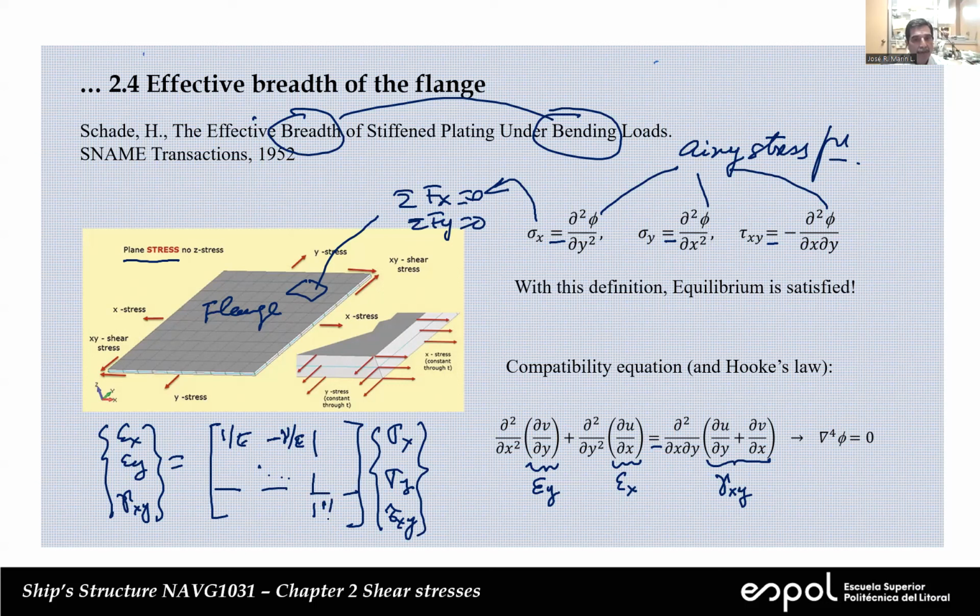No, it's 1 over G. This is the shear modulus. It's similar to the Young's modulus, but it relates shear stress to shear strain. And for an isotropic material, remember that G is equal to E divided by 2 times 1 plus nu. What is nu here? Anybody? Poisson ratio.